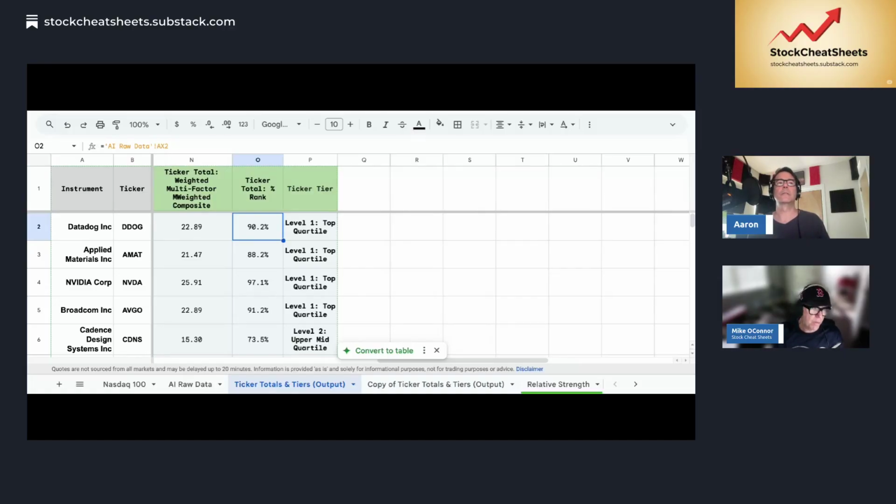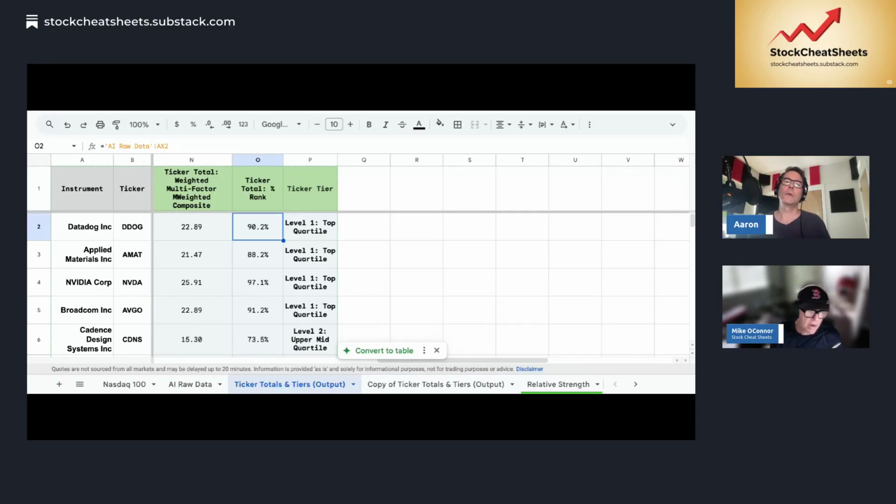And so what I'm going to try to do in my report, and actually for those of you who subscribe at cheatsheets.substack.com, you'll see this in the blog as of the first week in July when I'm recording this, that we actually go into the distribution and we show you how many are level 1, how many are level 2, 3, and 4. And we also give you some other interesting things like what's the money flow distribution or what's the RSI distribution.